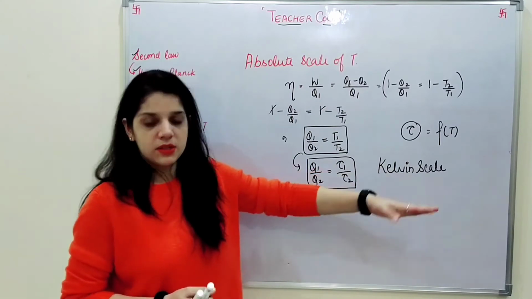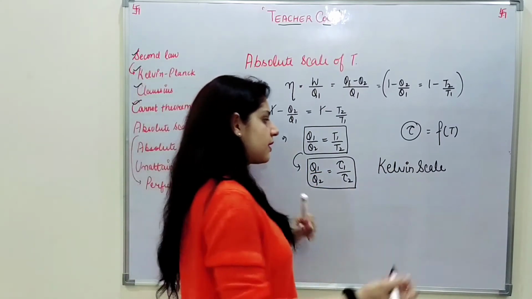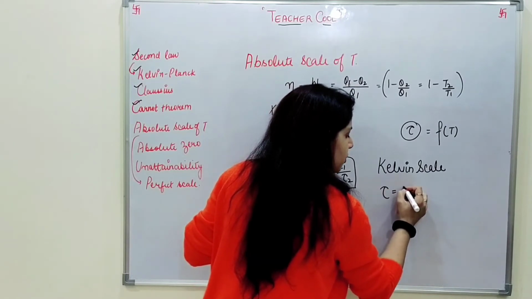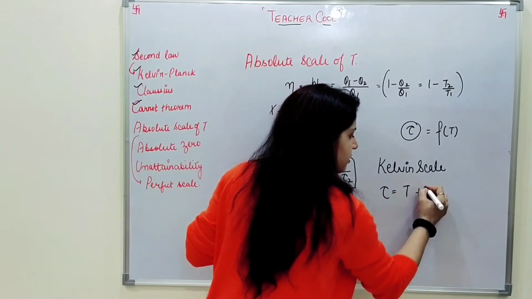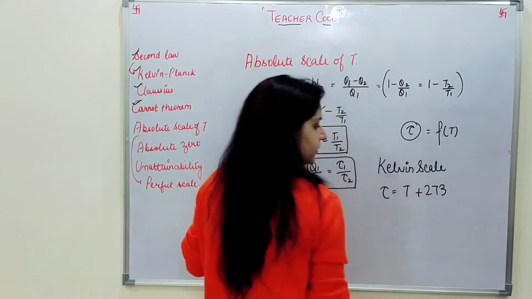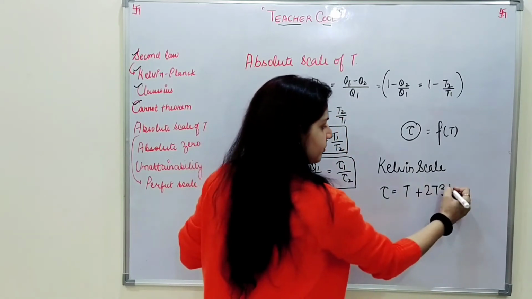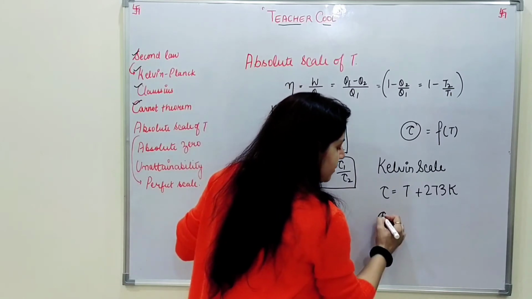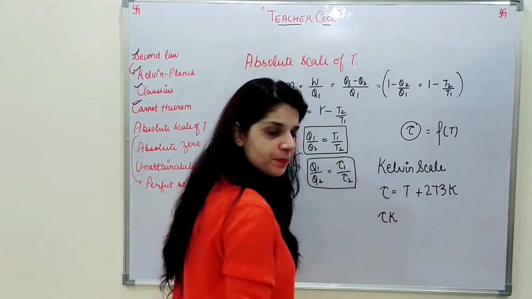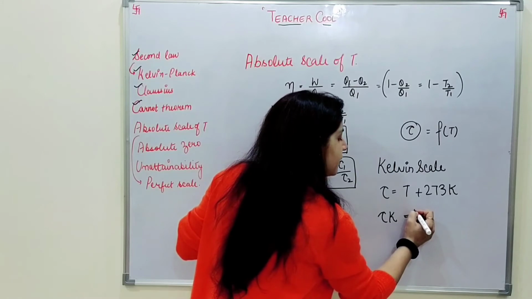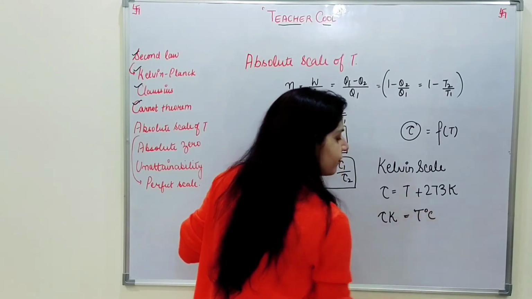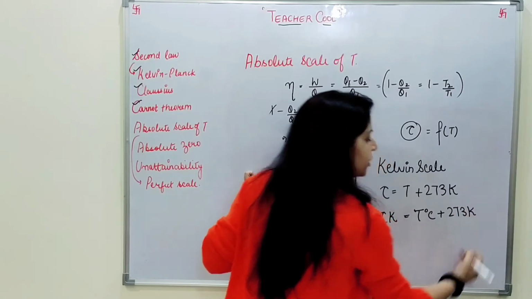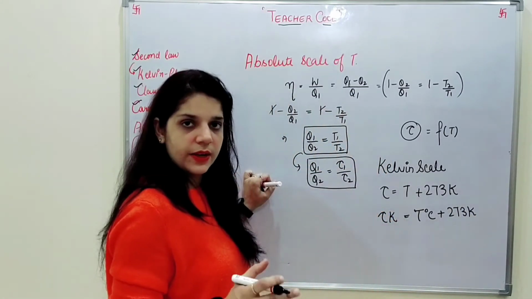So this is the Kelvin scale, and it is a linear scale which says tau will be equal to T plus 273 Kelvin. Means suppose tau is my Kelvin scale, T is my degree C, plus 273 units of Kelvin scale, right?